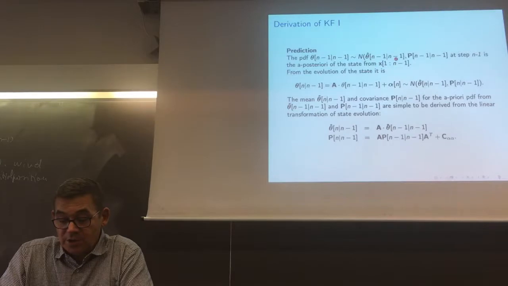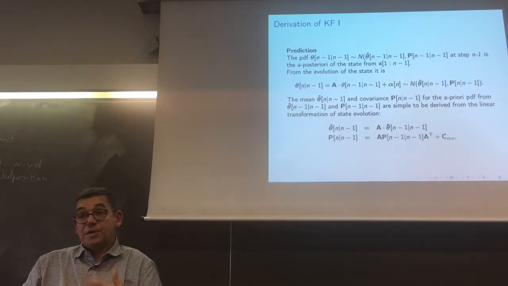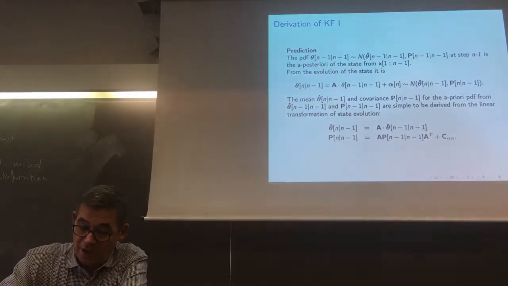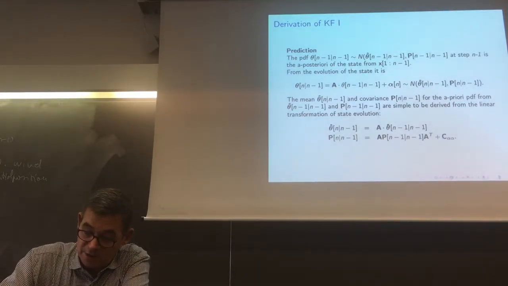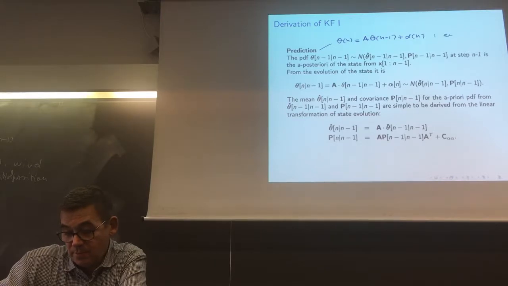Since it's Gaussian, for the prediction step I need to use the formula which tells me how the state is evolving. Let me recall it here: theta n equals A theta n minus 1 plus alpha n. This is the equation of the evolution of the state.